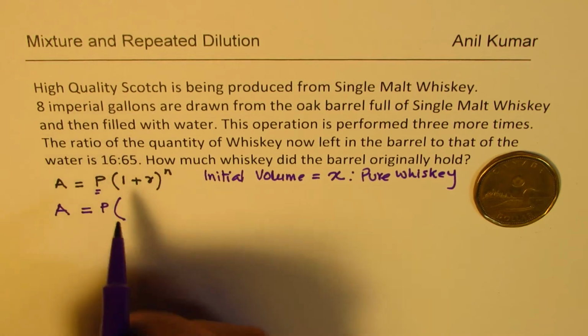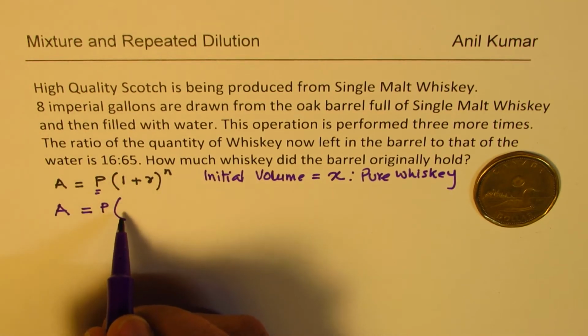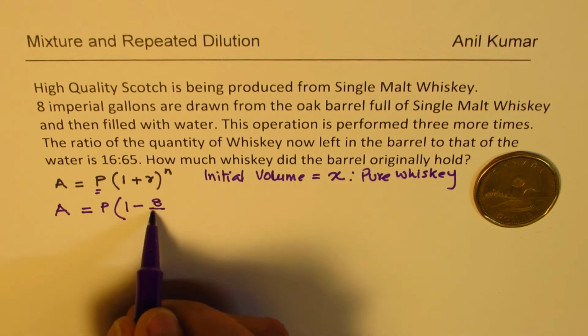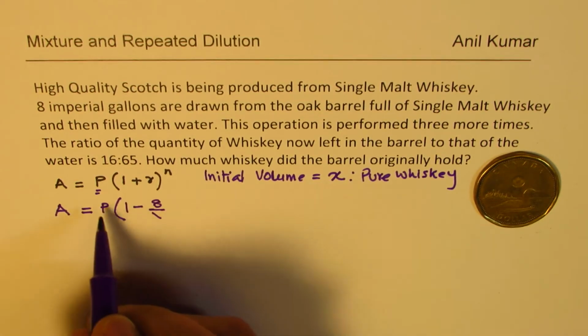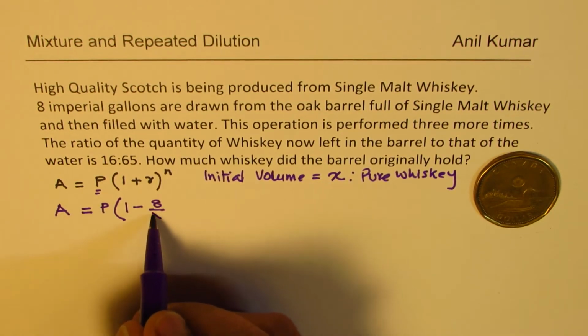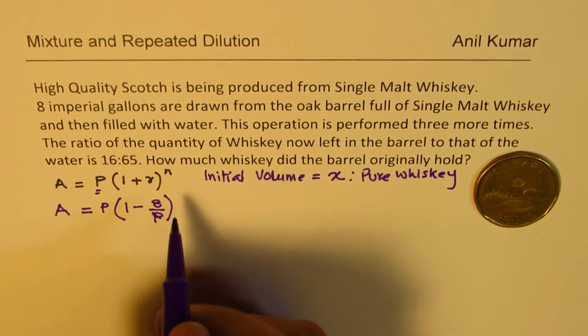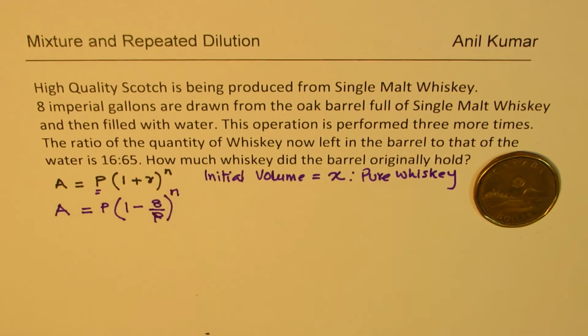Since we are taking away, we are decreasing, so it is minus 8, but we are keeping the initial amount P the same, to the power of the number of times the operation is done. Does that make sense? That is the concept we are going with.